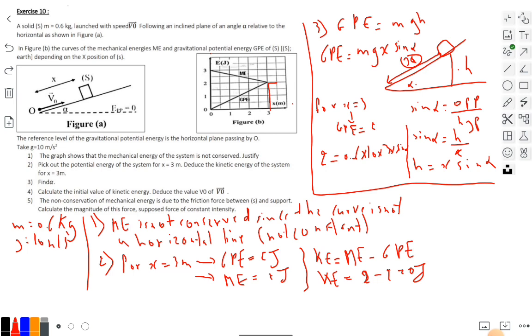We obtain sine alpha equal to 1 over 9. So applying shift sine minus 1 of 1 over 9, we obtain alpha equal 6.4 degrees.